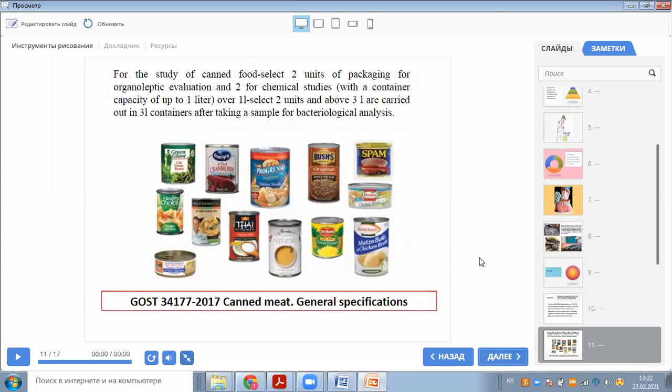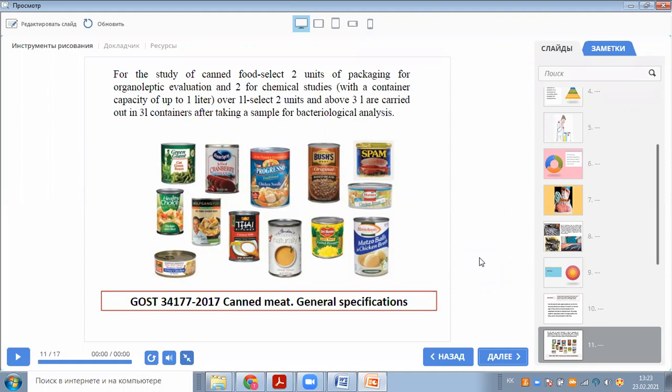Next slide, about the canned products. For the study of canned food, select 2 units of packaging for organoleptic evaluation and 4 for chemical studies with a container capacity of up to 1 liter.